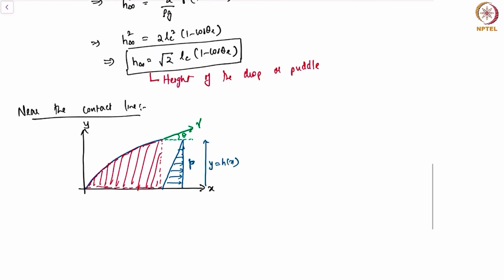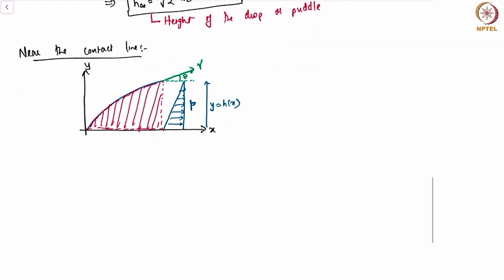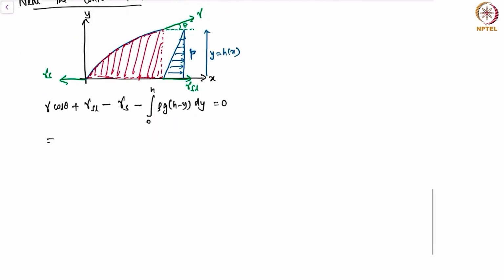It is varying as a function of x, and therefore if I were to do a horizontal force balance on such a puddle, such a droplet, then we have gamma cos theta plus gamma solid liquid minus gamma solid, and then I have minus integral 0 to h of rho g into h minus y dy, and if I do the simplification I simply get gamma cos theta plus gamma solid liquid minus gamma solid is rho g h square by 2.